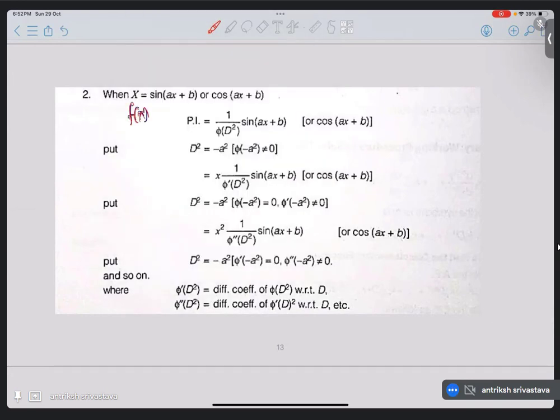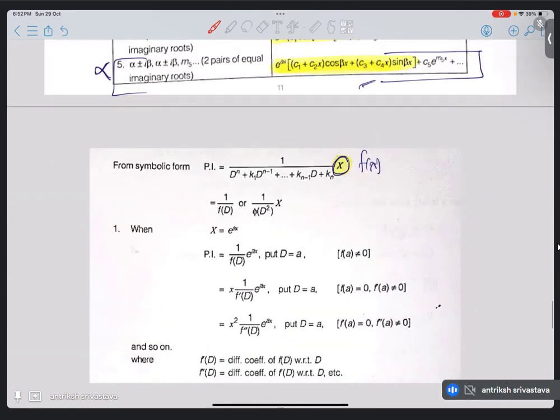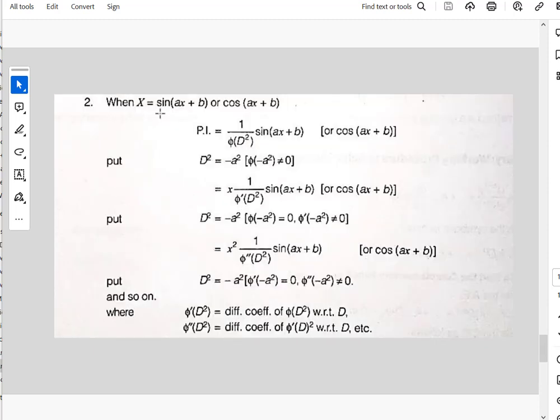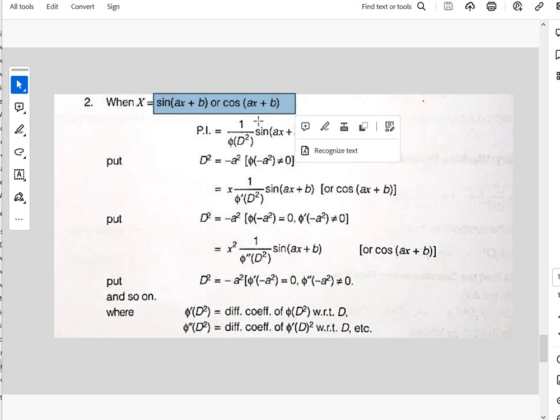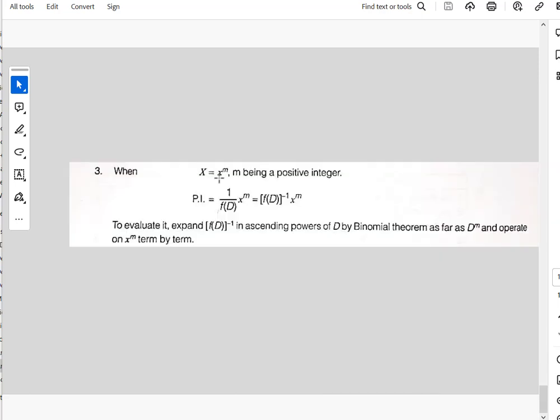So based on what f of x looks like, if it is exponential, then you follow these steps. And when you have a sinusoidal function, then you follow these steps. And when you have a normal polynomial, then you follow these, which is the simplest, I think.